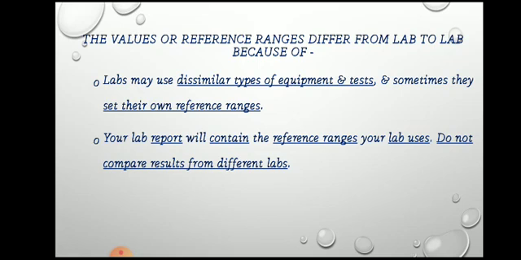Otherwise, whatever lab results are there, they mention the reference ranges as per their method, as per their equipment, as per the test they have conducted for that particular substance or disease. So there should not be a comparison made.